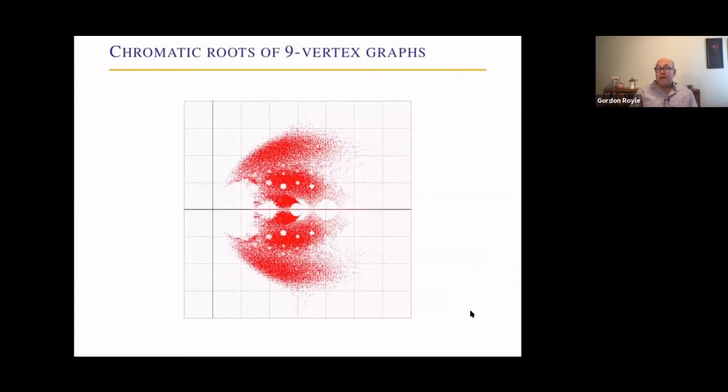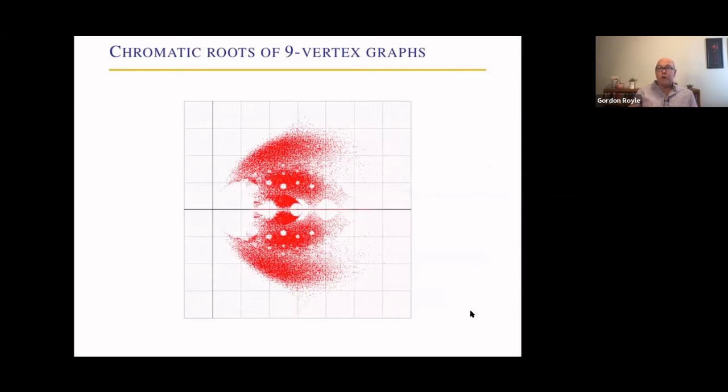So way back in 1988, I was using one of the first computers around. I mean, I guess not the first computers, but I was using the computer at the University of Waterloo, and I calculated all the 9-vertex graphs and calculated their chromatic roots, but now their complex chromatic roots as well as their real chromatic roots.